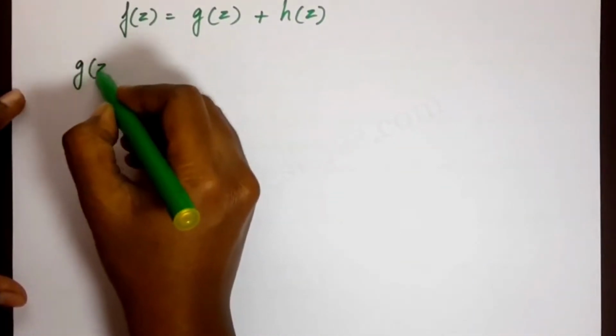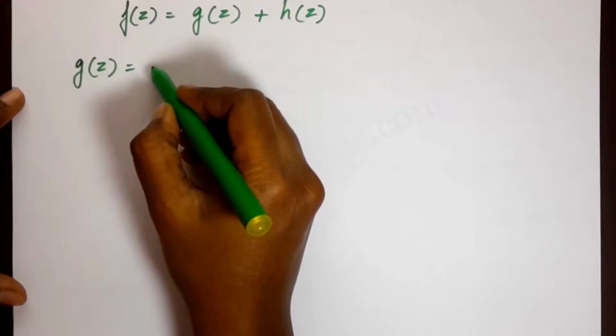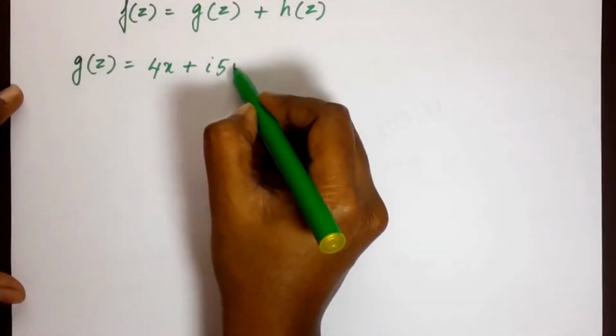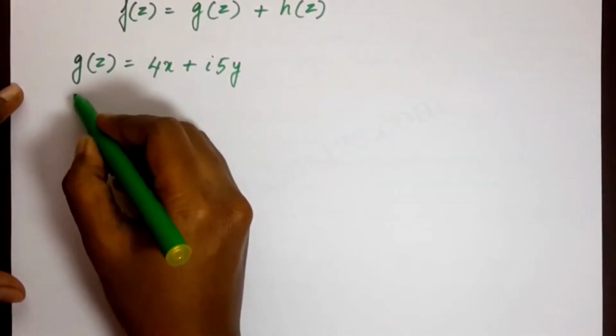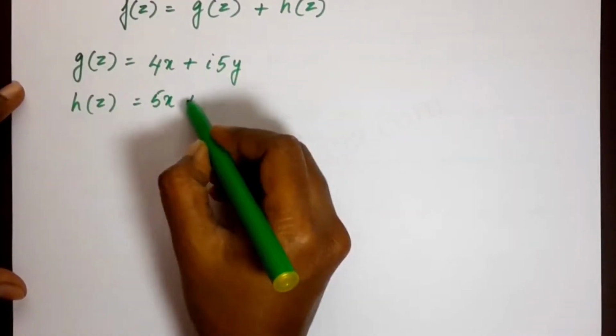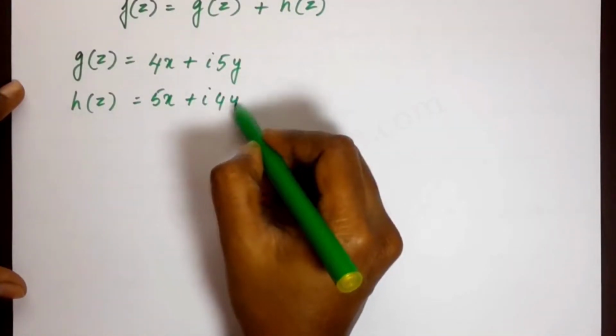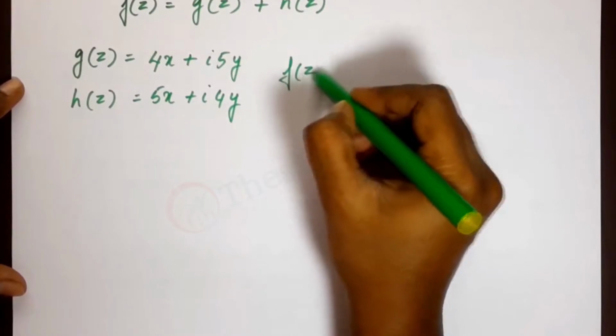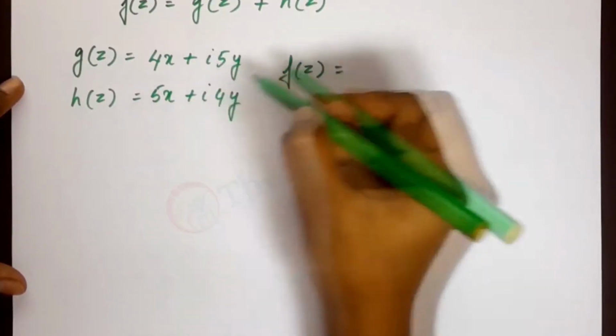Let g(z) be say 4x + i5y, and h(z) be 5x + i4y. So what would f(z) be now? f(z) is the sum of the two.